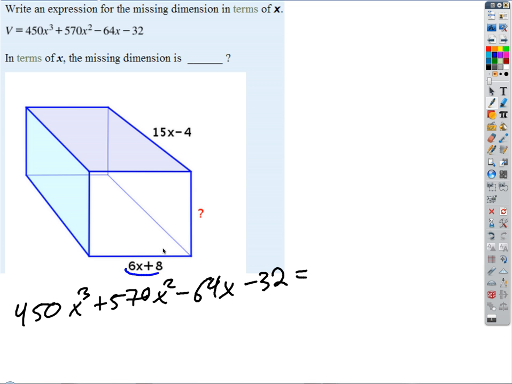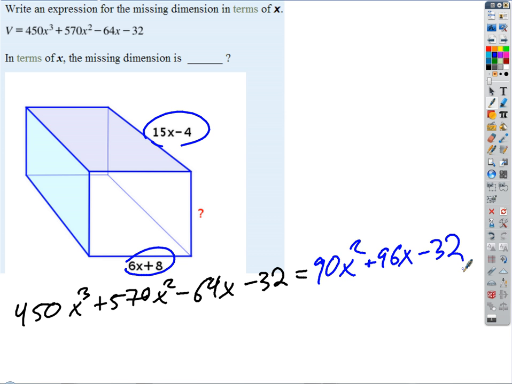If I multiply these two things together, we're just going to get, oh boy, 90x squared, oh boy, plus 120 minus 24, so 96x minus 32 times h.